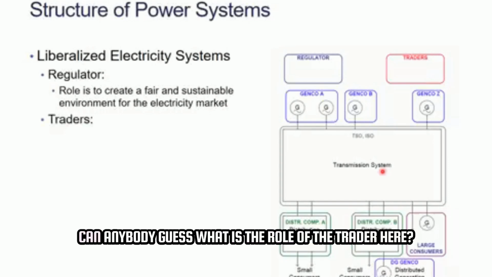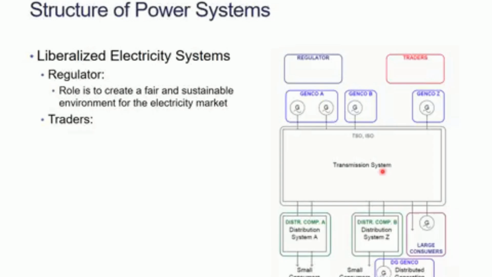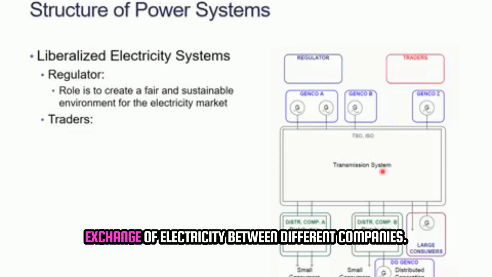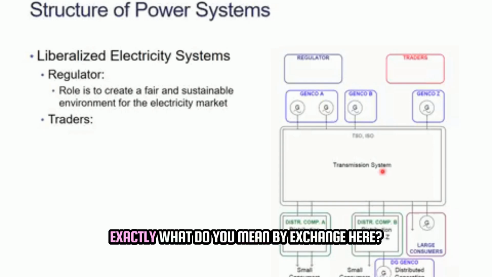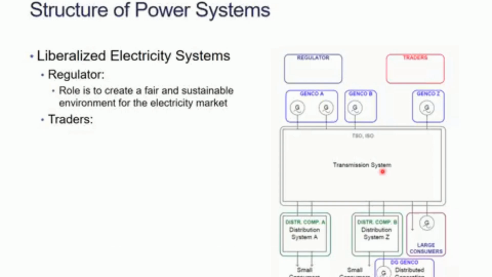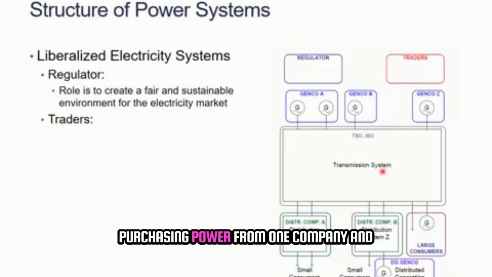Right. Now, can anybody guess what is the role of the trader here? Exchange of electricity between different companies. Exchange, exactly what do you mean by exchange here? Purchasing power from one company and then supplying to the other.